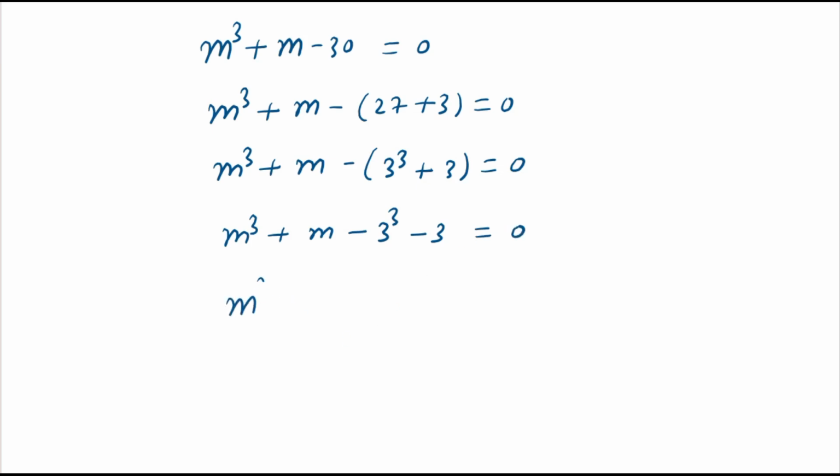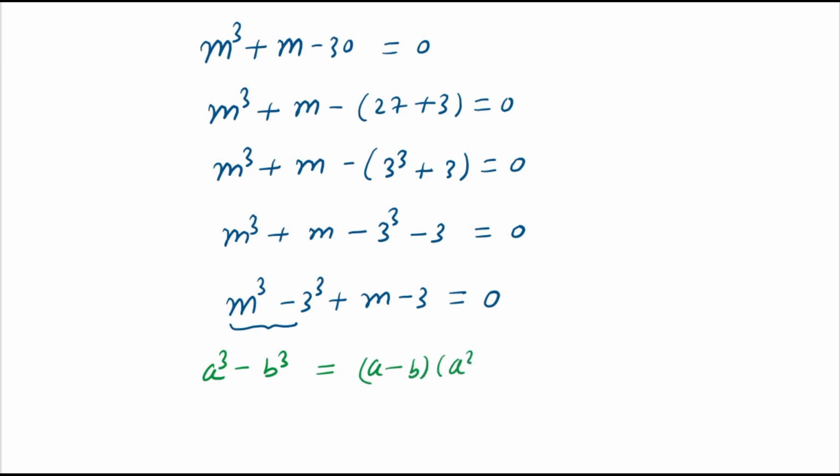Now m^3 - 3^3 + m - 3 = 0. Look carefully, here this is a difference between two cubes, and we know that a^3 - b^3 = (a - b)(a^2 + ab + b^2).